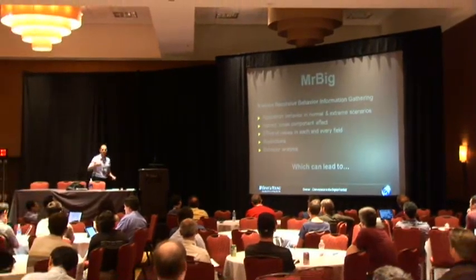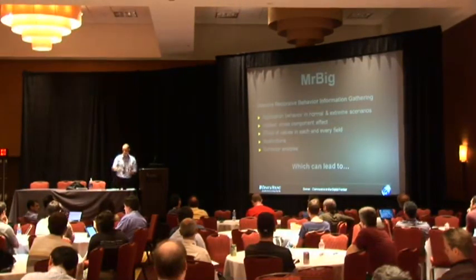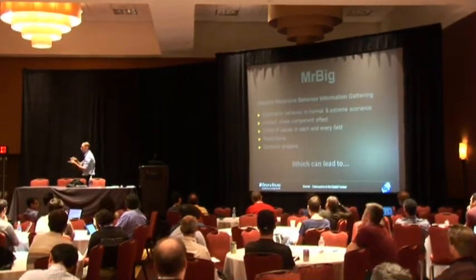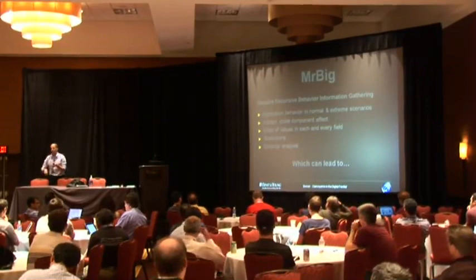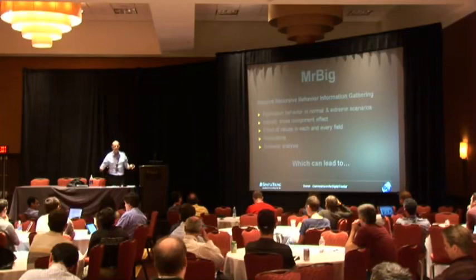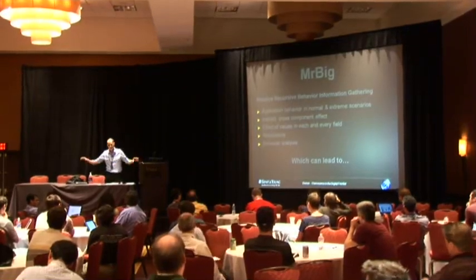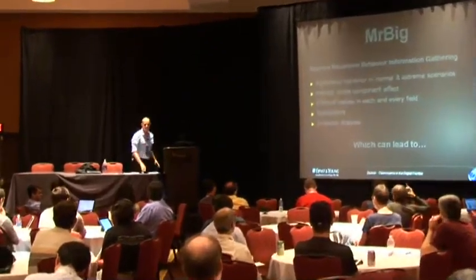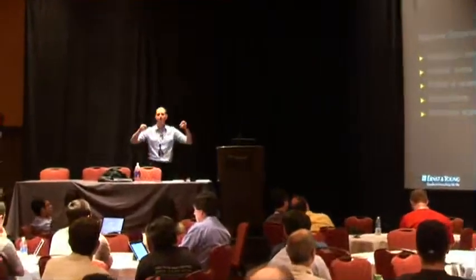If testers attempt to locate time delays and exceptions and content differentiation and reflections of output manually, we can detect those behaviors for the testers in the entire application, in different and extreme scenarios, collect those behaviors and present them to the tester, and that's the key, in a visual manner that will enable him to make decisions quickly based on this information, instead of analyzing each and every response.